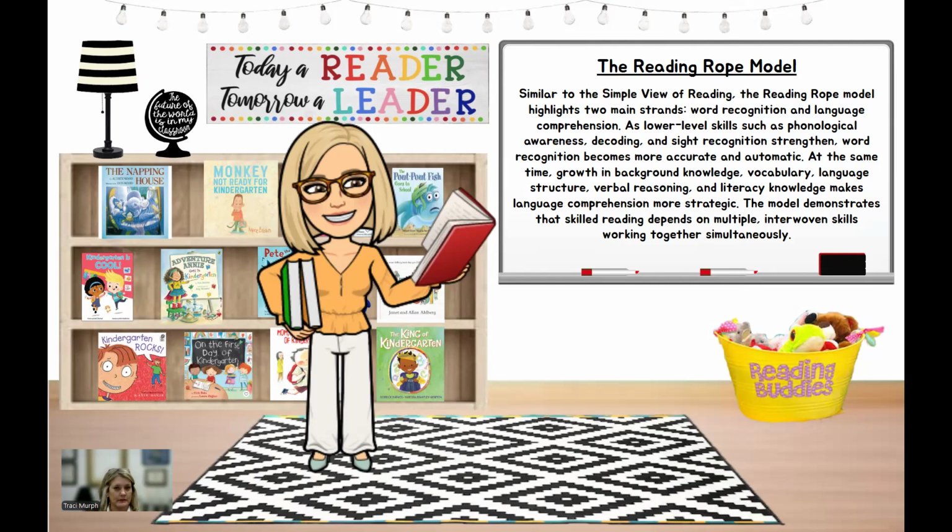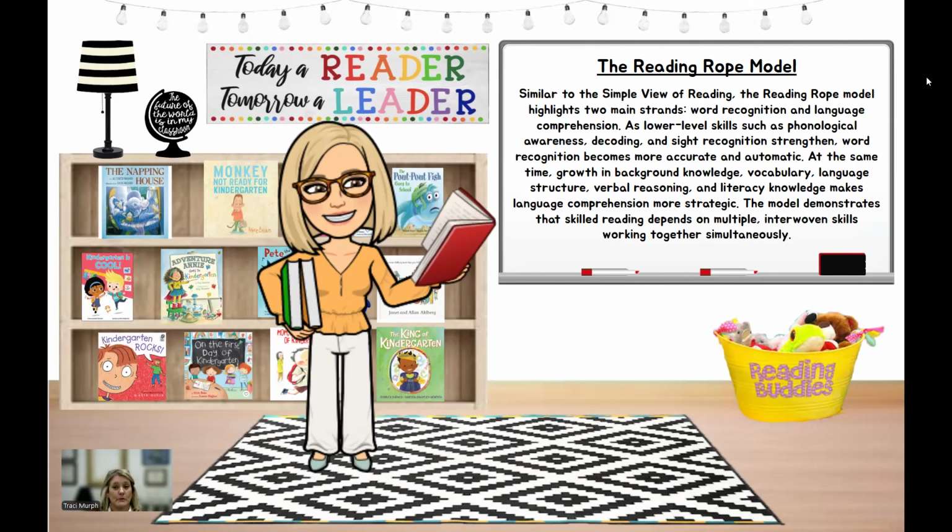That stands to reason. The more I'm able to do all those things, the more quickly I can read the words on the page. I become accurate and automatic. But at the same time, my growth in background knowledge, vocabulary, language structure, and verbal reasoning makes that language comprehension more strategic.